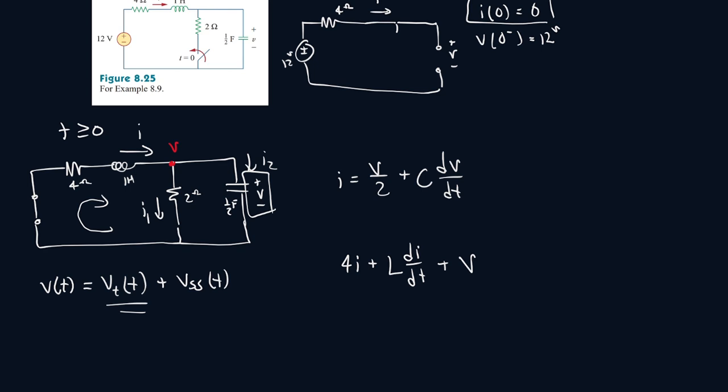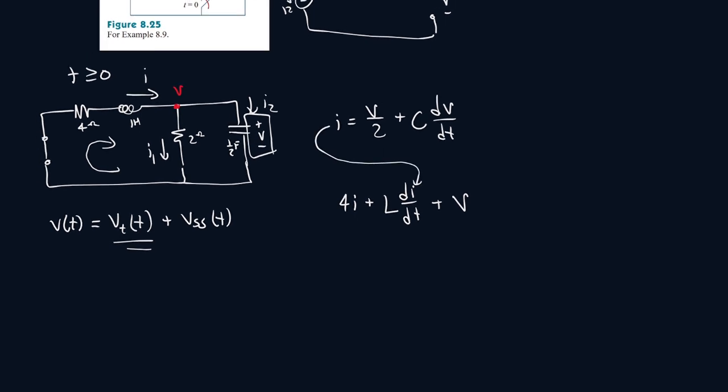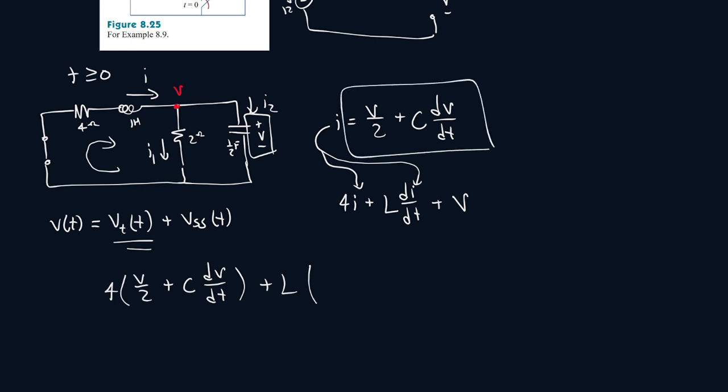Now what we're going to do is plug an I into here, as well as here. So it'll be 4 times (V over 2 plus C dV over dt) plus the inductance times the derivative of this. So it'll be dV over dt times 1 over 2 plus the capacitance times d squared V over dt squared.